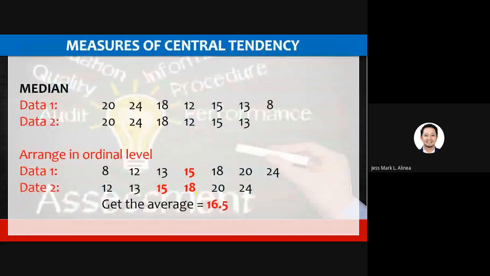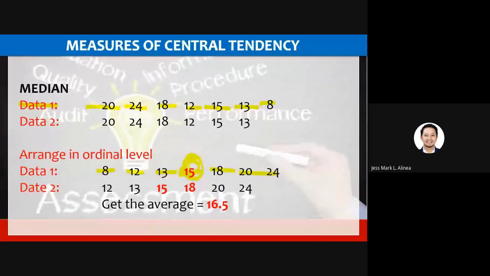So, example. Data 1, 20, 24, 18, 12, 15, 13, and 8. The first thing to do, arrange in ordinal level from lowest to highest ang ginawa ko. So it becomes 8, 12, 13, 15, 18, 20, 24. You get the middle score, 15.